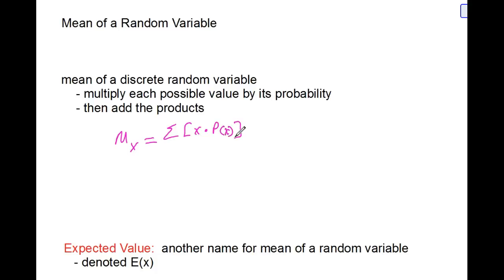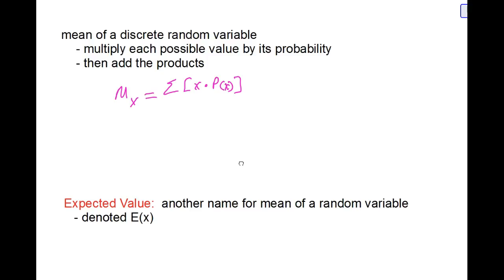So this is what the formula looks like for the mean. Now, the mean can also be denoted by E of x, which means expected value. It's just another name for the mean. So expected value of x is the exact same thing as the mean for a discrete random variable.